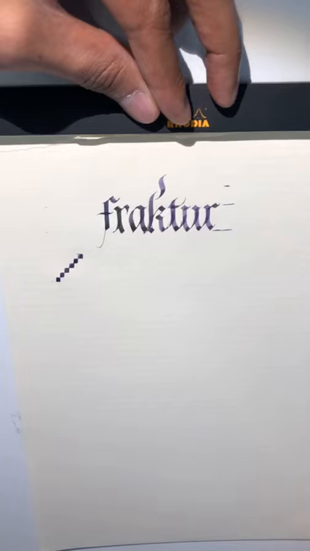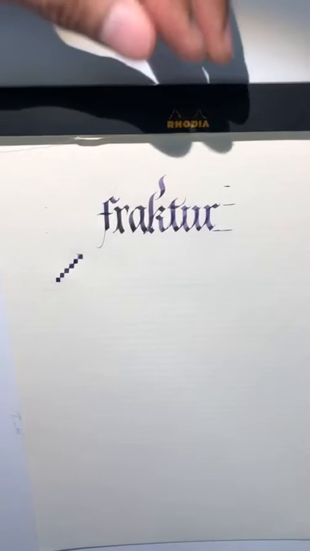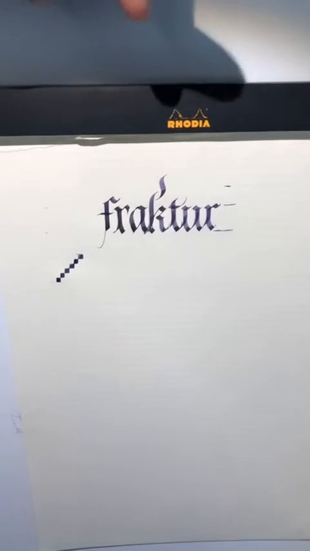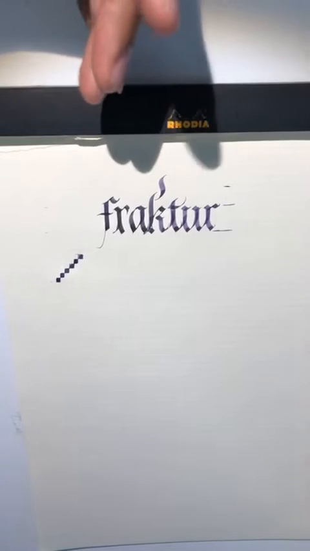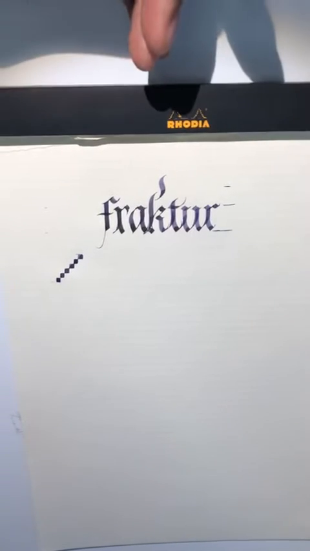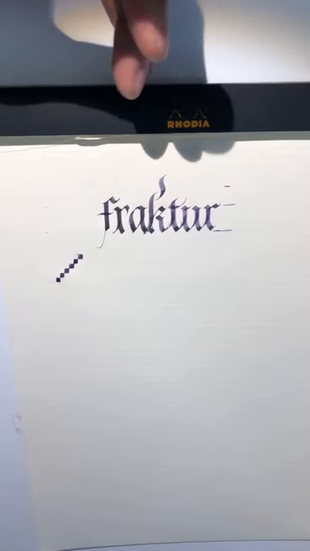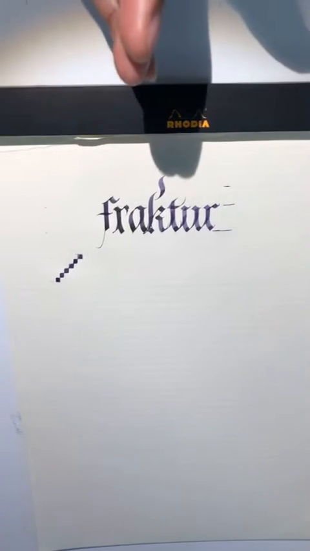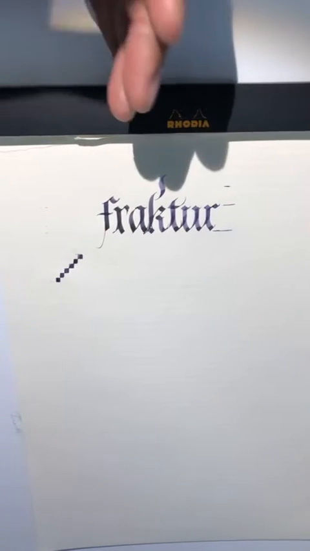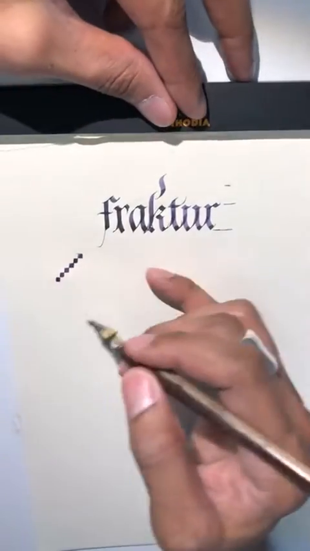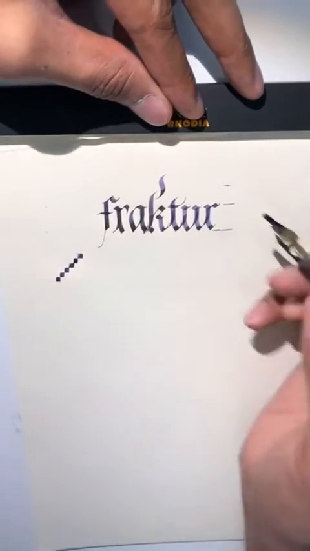This is a common problem that I see on Instagram. I don't know if you guys are trying to save paper, but just remember you actually need space between the lines so that the ascenders and descenders don't interact, so that you have space to correct your problems. Also, if the lines are too close, you can't really see what you're doing. So just be a little bit conscious about that.